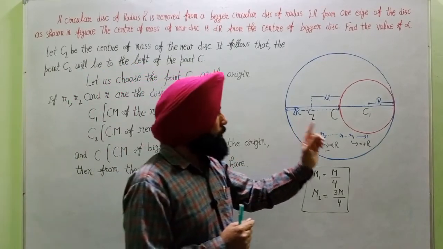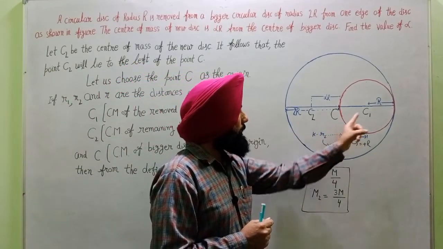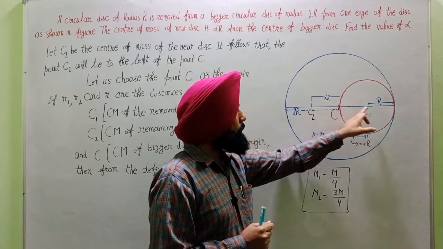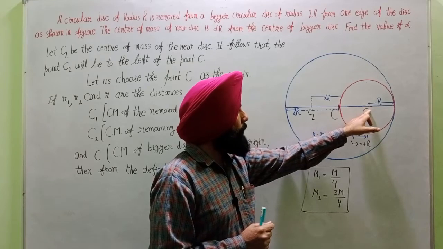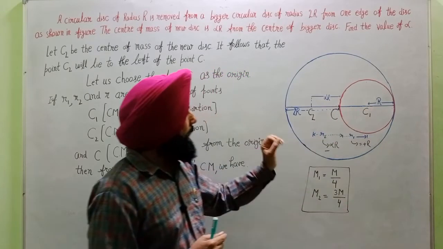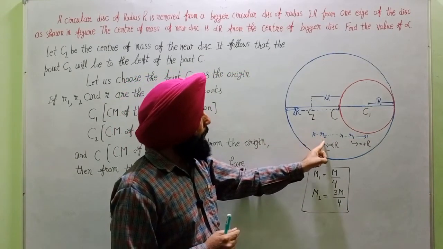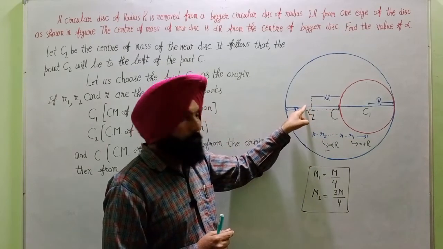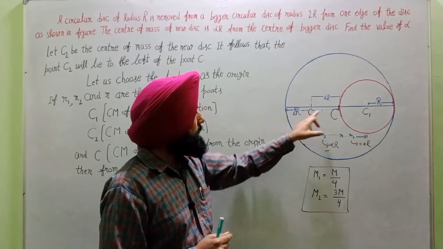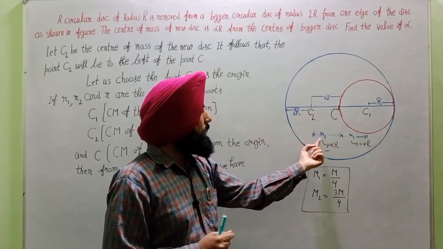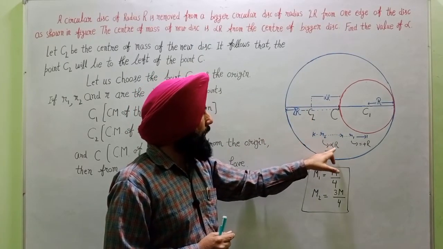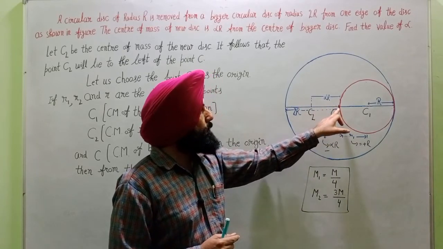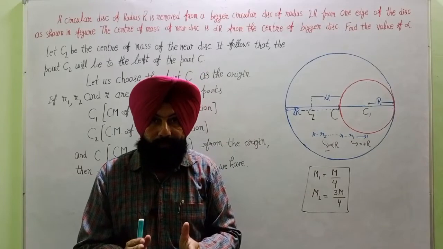Capital R1, small r1, that is from here to here, from origin to center of mass of the small circular disk, and small r2, from center to the new center of mass, that is from C to C2. Its value is alpha and it will be negative because we have chosen C as the origin.